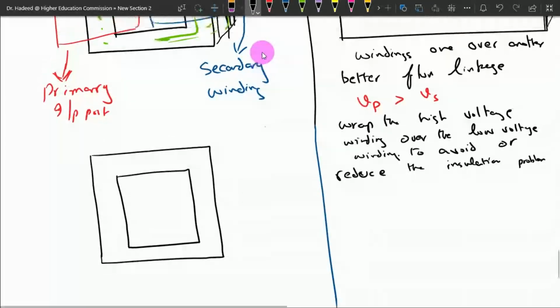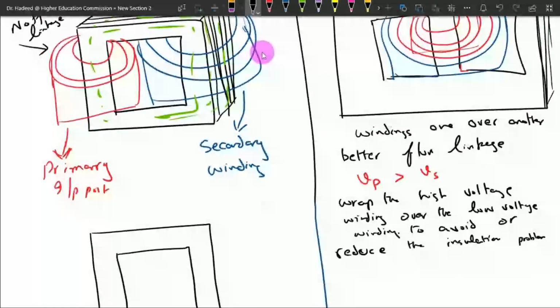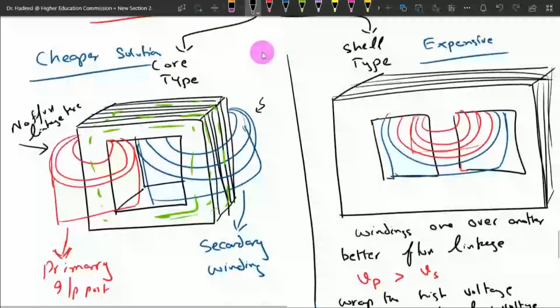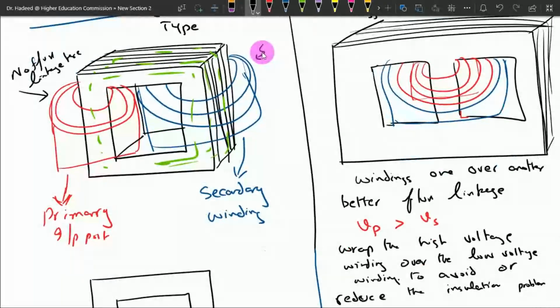Now, instead of having the entire primary winding on this side, we wrap half of the primary winding on this limb and half of the primary winding on this limb, so that we can somehow create a better flux linkage between the primary side and the secondary side.